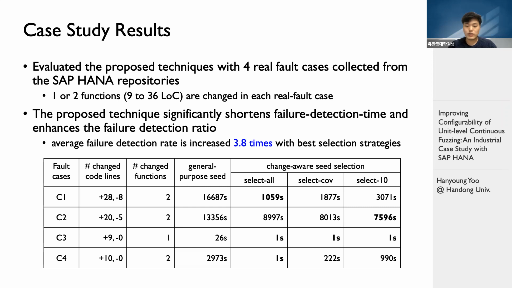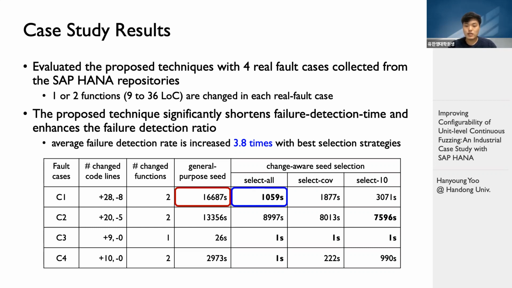Here's the result. To evaluate the rate of failure detection, we designed case studies with 4 real-world faults that were actually found in the HANA repository. For each case, the code change has 1 or 2 changed functions and 9 to 36 lines of code change. The table shows that the technique reduces failure detection time from 5 hours to 20 minutes, which is a 15 times improvement for C1.